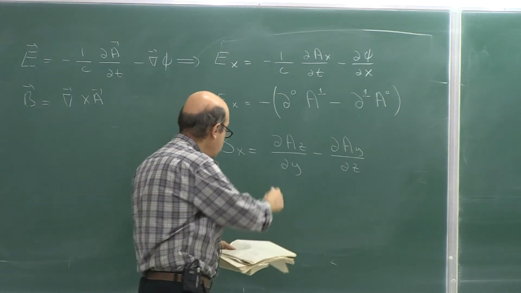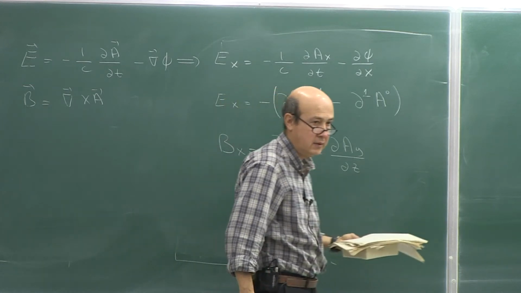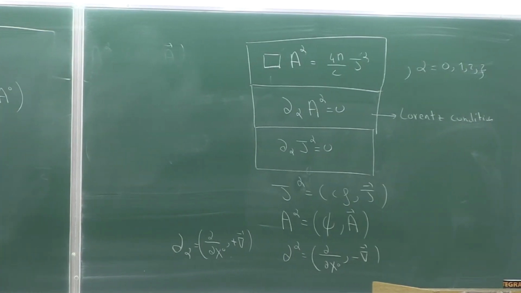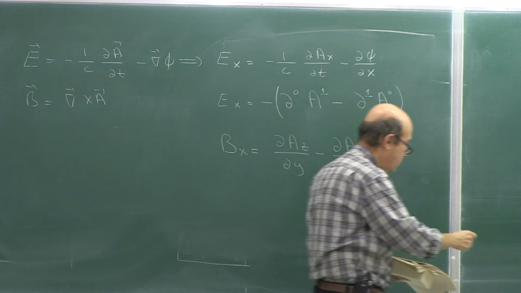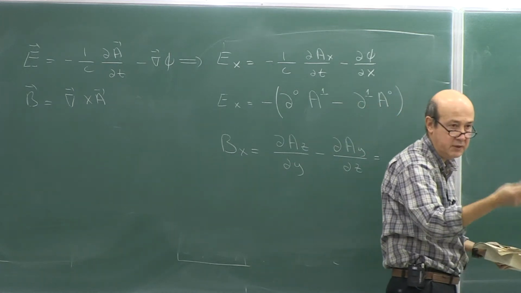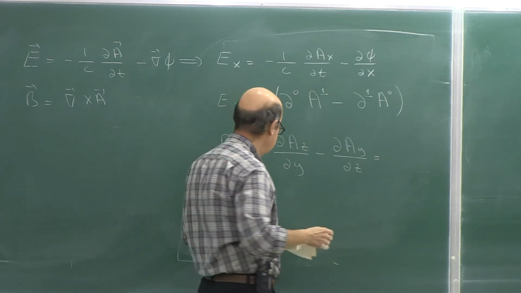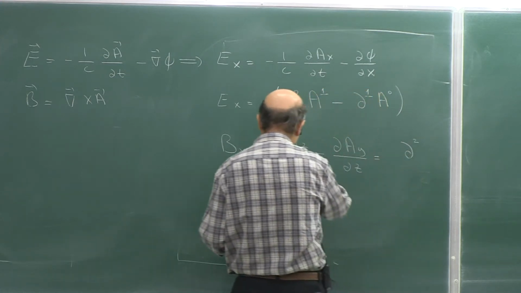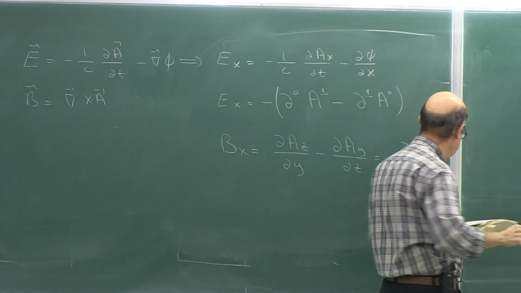So tell me now, which one corresponds to del over del y? Del 0, del 1, del 2, del 3: del 2. Which one corresponds to Az? A3.